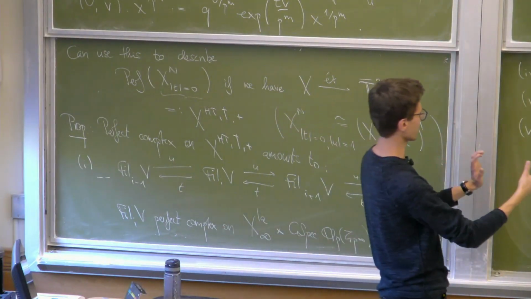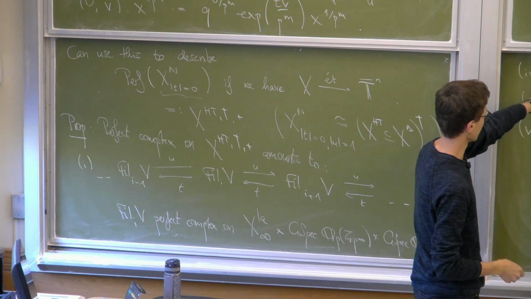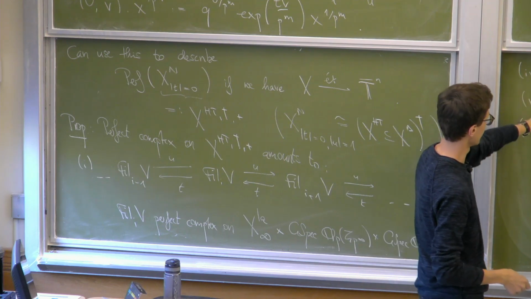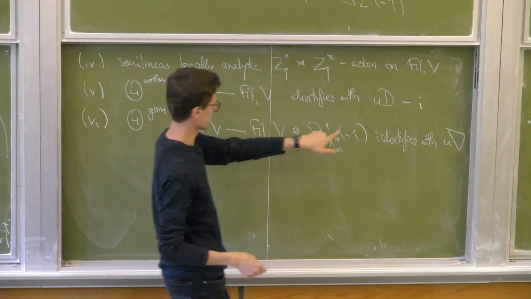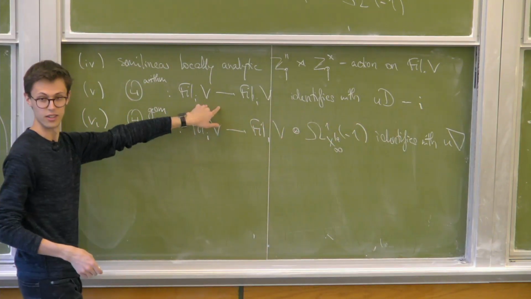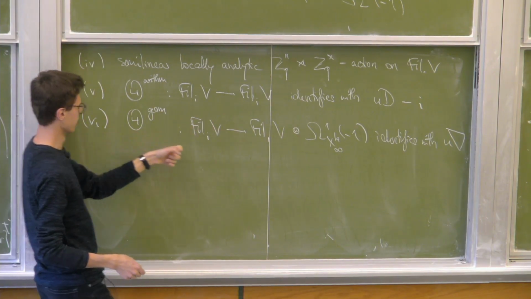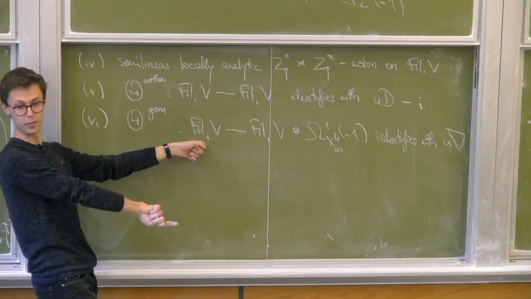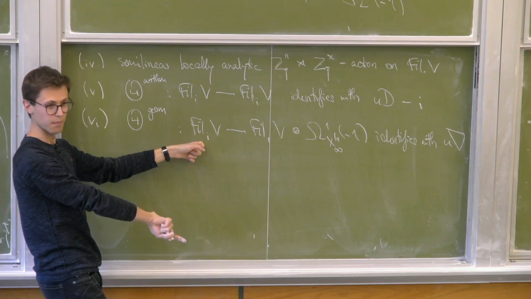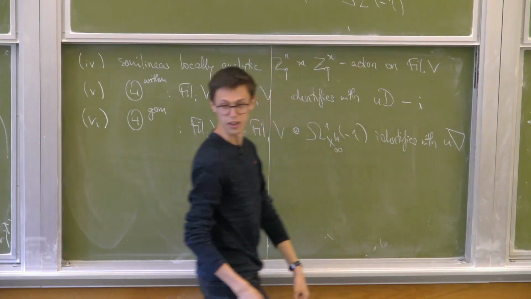So maybe this is just a fancy way of saying I have this semi-linear locally analytic action, and the arithmetic Sen operator is multiplication by minus i on gr^i, and the geometric Sen operator on Fil^i factors through Fil^(i-1). The factorizations you get are given by this D and this nabla.